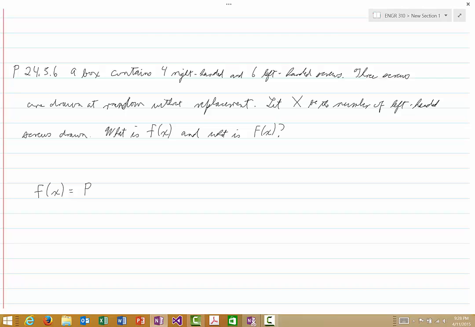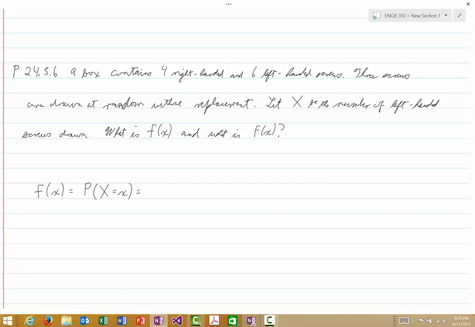Capital F has the same general idea behind it for both discrete and continuous random variables, but little f is slightly different for the two. Recall that we're now dealing with a discrete random variable. So it's the probability that the random variable capital X has the value little x. And now let's figure out what that will be in this case.